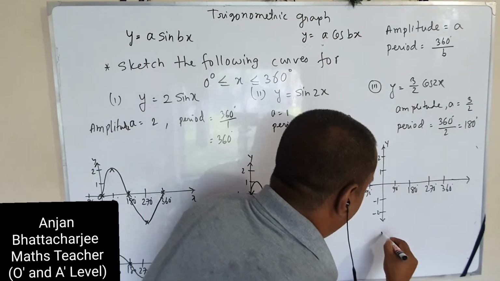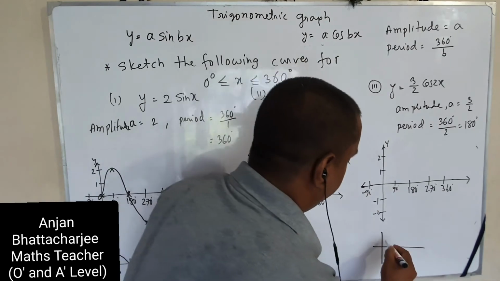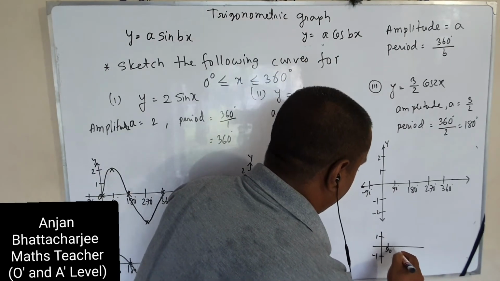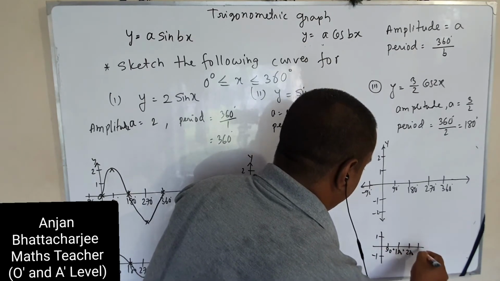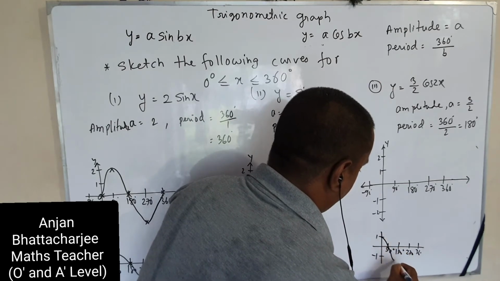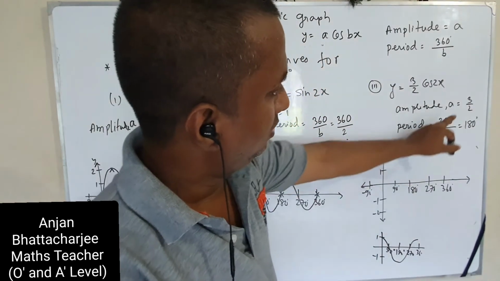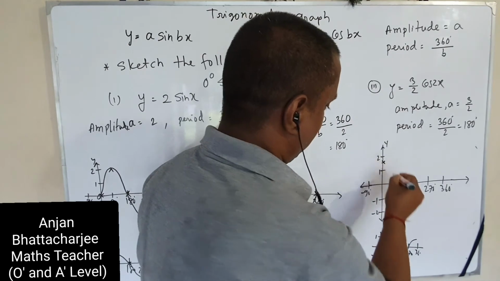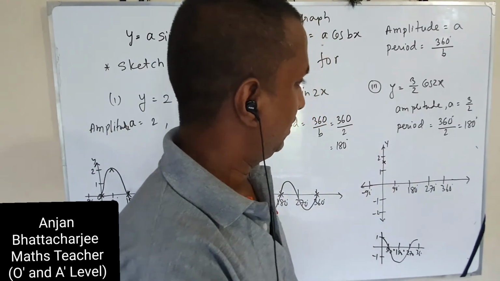Now let us think of the cos curve, that is 1, -1, 90, 180, 270, 360. So we have drawn this graph. Now it goes maximum 3/2, that is 1.5, here it goes maximum 1, minimum -1.